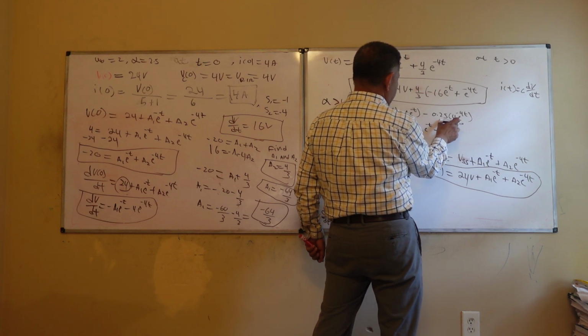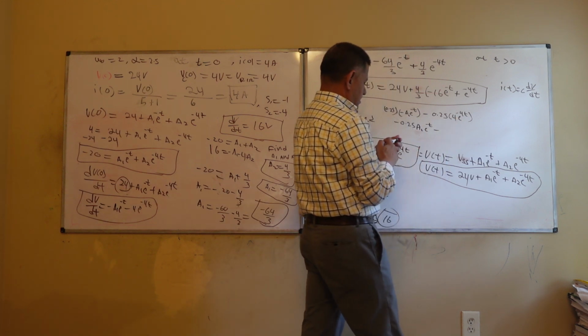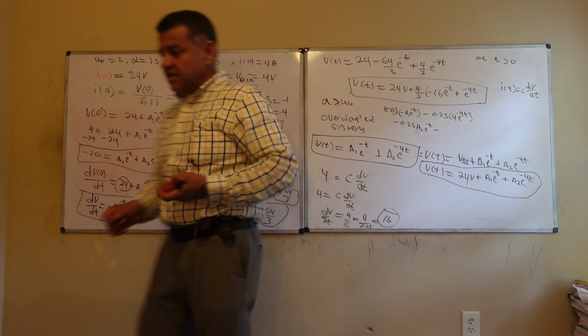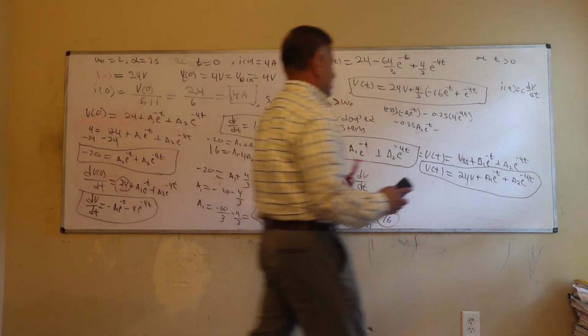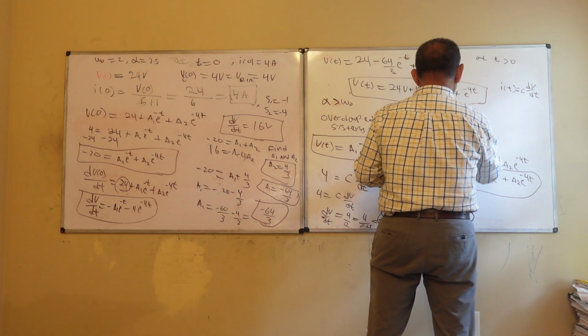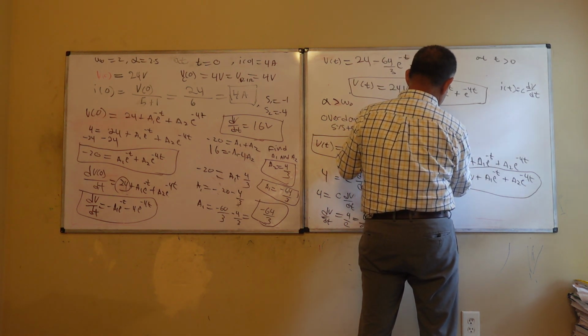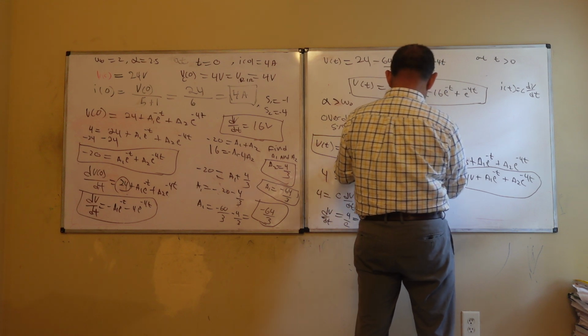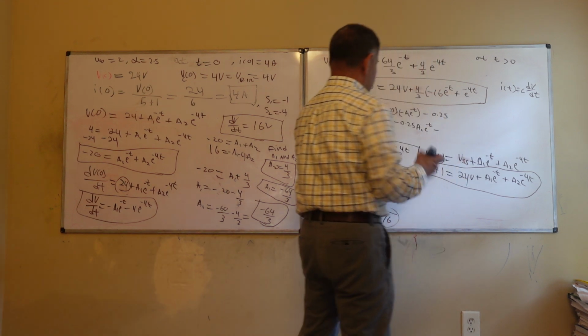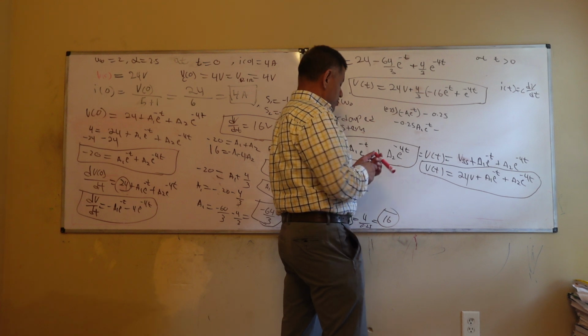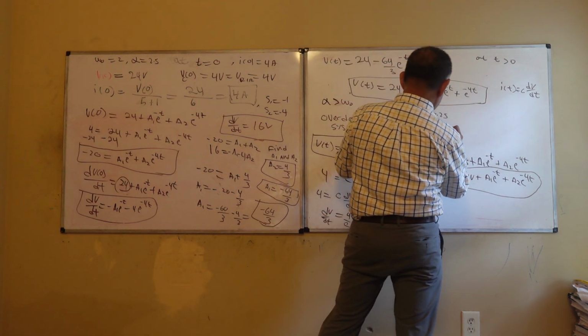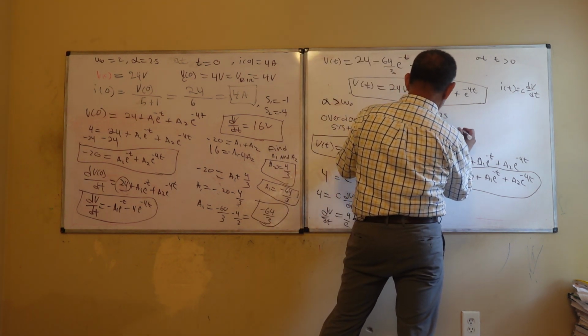plus that, right? But remember, right here, you need to be careful because I am dealing with A. I need to have an 8 over here. So it's going to be 4. So in this case, it's going to be 4. It's going to be 0.25.